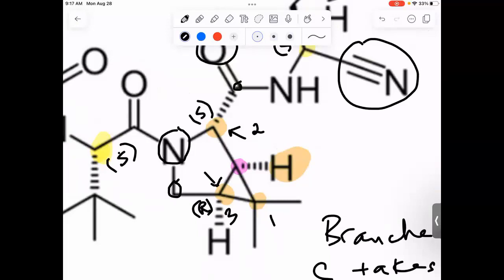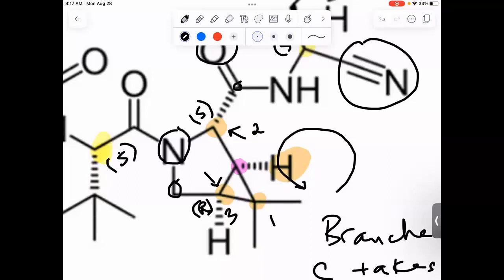Yes, sir. Okay. Now, if we just count to 3, which direction is that going? Counterclockwise. And H is already back. So what does that mean as far as my configuration? Do I have to reverse it?